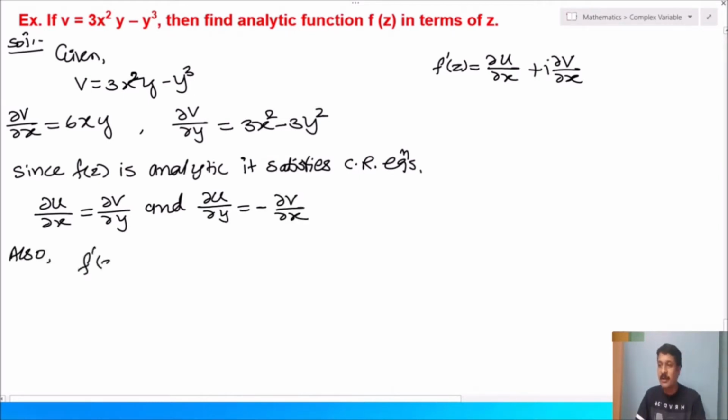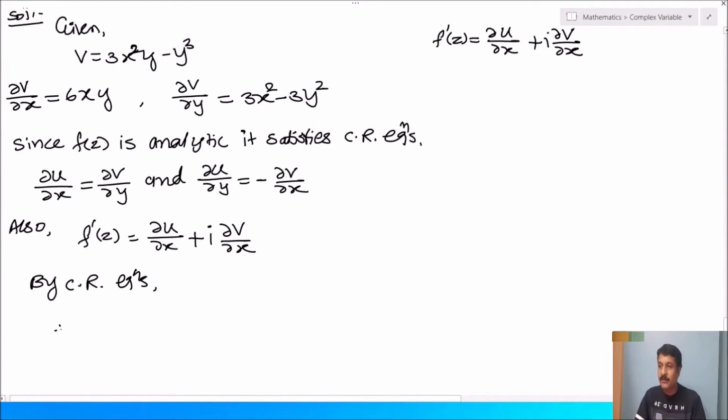Also, f dash of z equals du by dx plus i dv by dx. So this value we have, I want to replace this. By the C.R. equations, what is du by dx? It is dv by dy. Therefore, f dash of z equals dv by dy plus i dv by dx.